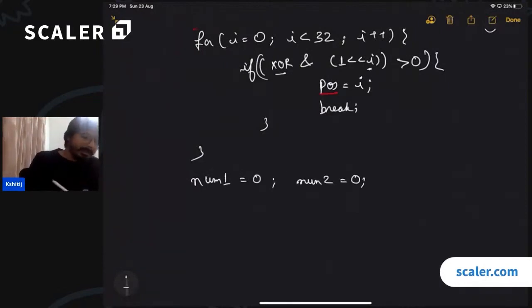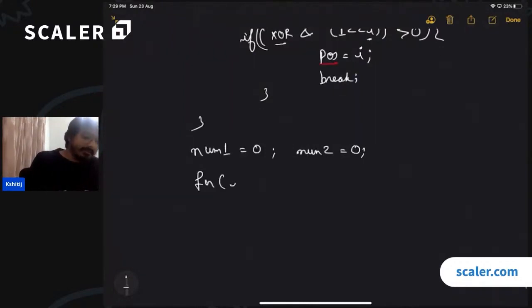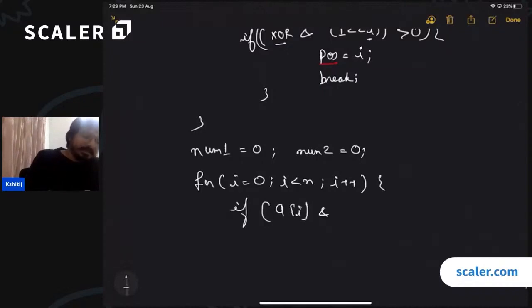with 0, and then we can start the loop from I equals 0, I less than n, I plus plus, and then we can say that if a of I shifted by position is greater than 0, we are checking the exact same thing. We are just checking whether the array number has got a set bit at this position or not.